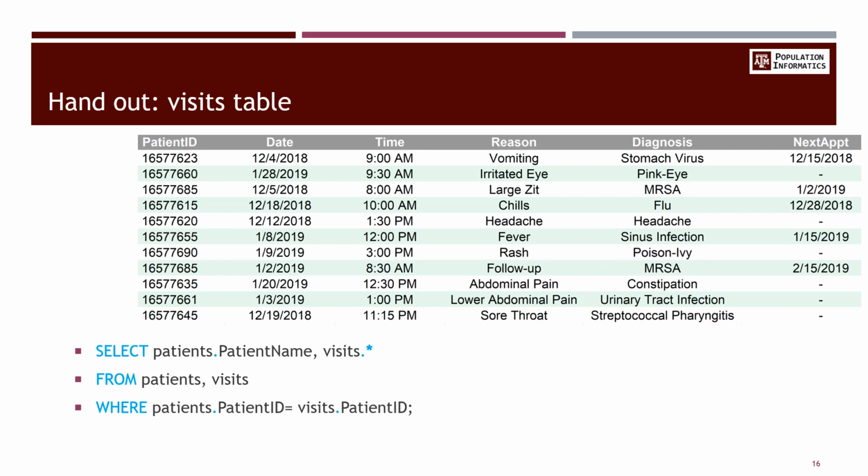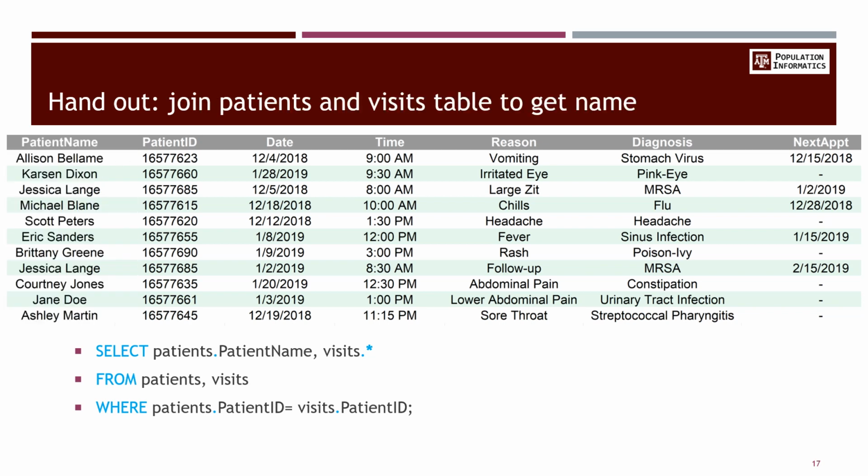Note the asterisk symbol means all columns in SQL. So the query states, select the patient name column from the patients table and all columns from the visit table from the patient and visit tables, where you will join the 2 tables using the patient ID. This query would result in a new visit table like this that includes the patient name.